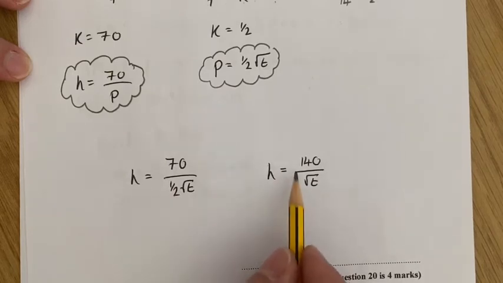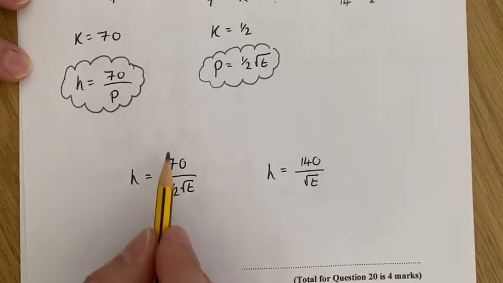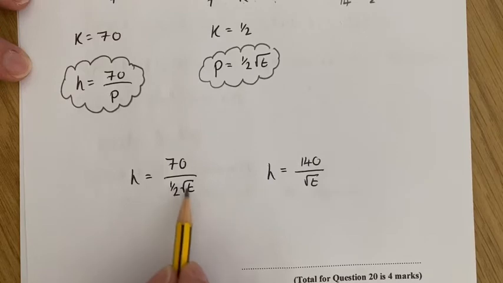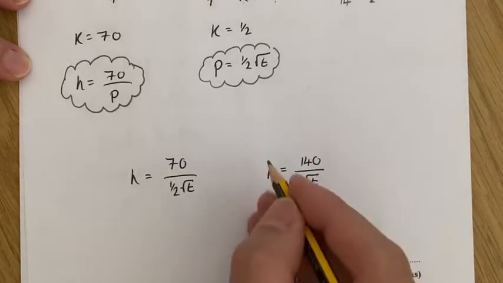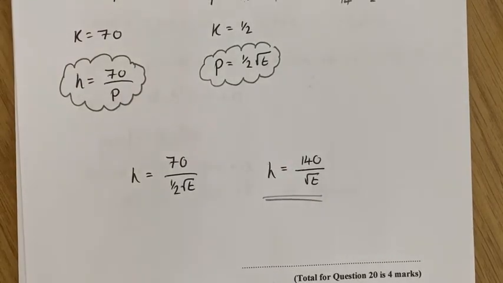I've tidied it up by simply multiplying the numerator and denominator by 2, so it keeps the same value, so that will go to 140, and if I multiply it by 2, it gets rid of this half fraction, so it just becomes 1 root t. So this one is a neater, tidier version of the answer, and this is the one I would like you to be able to give.